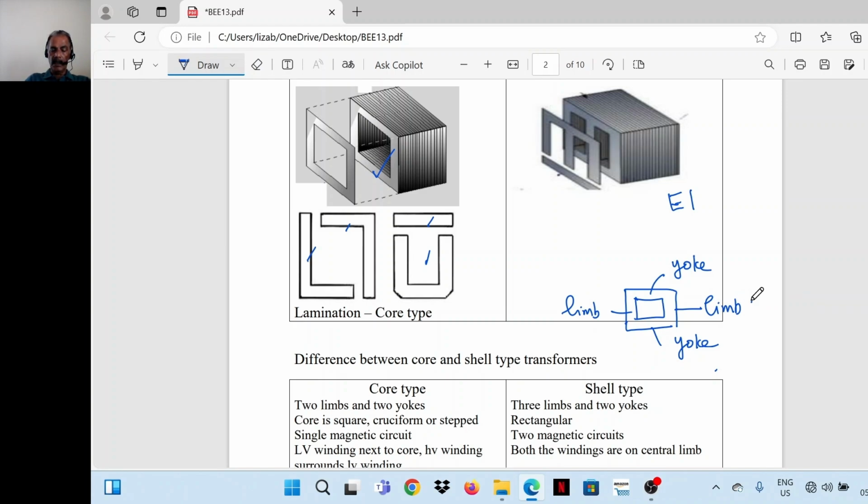Whereas the shell type transformer has three limbs and two yokes. The front view of a shell type transformer is like this: one limb, second limb, third limb, upper yoke, lower yoke. So there are three limbs and two yokes.